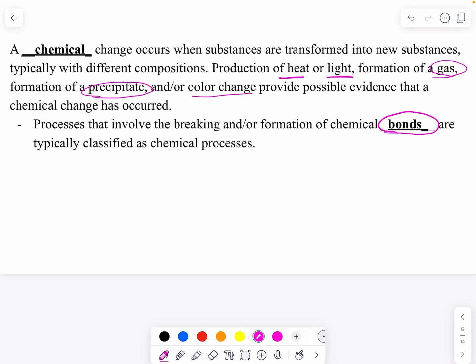In terms of a chemical formula, we would see possibly H2 plus O2 can react with each other and make water, right? So a new substance is made. This is a gas. This is a gas, right? This is a liquid. Their properties are completely different from one another in what they do, right?